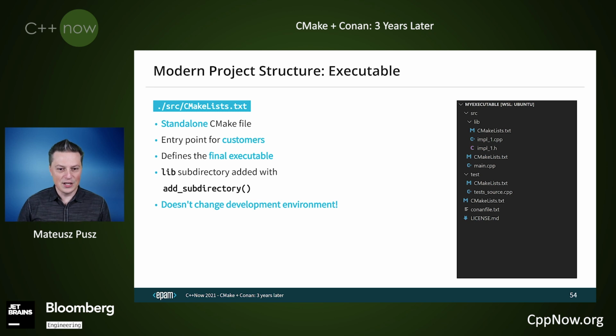It doesn't affect any of the development environment that I chose to use. The only purpose of this file is to define the final executable. It adds the lib subdirectory with add_subdirectory, and as I said, it doesn't change any development environment stuff. It shouldn't.